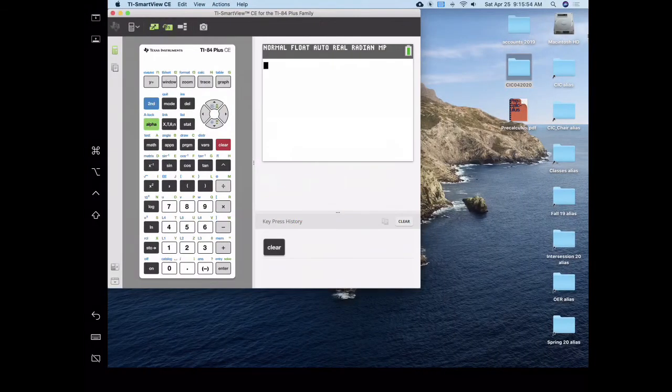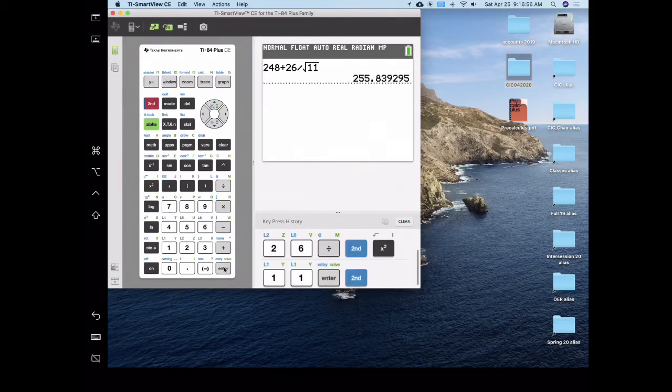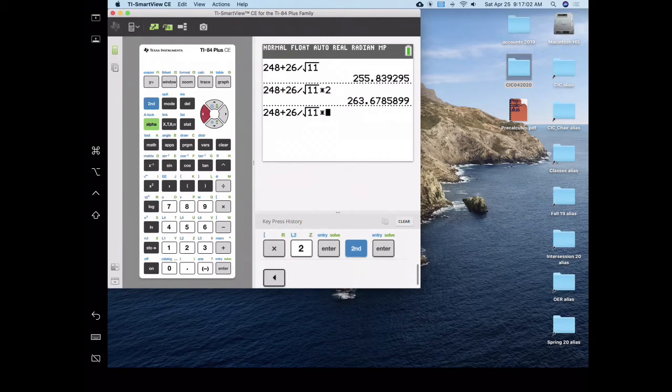So we'll have 248 plus 26 divided by the square root of 11. Okay, and then do this times 2, right? And then times 3, and that'll be your right side label.